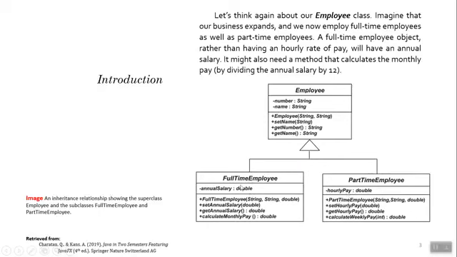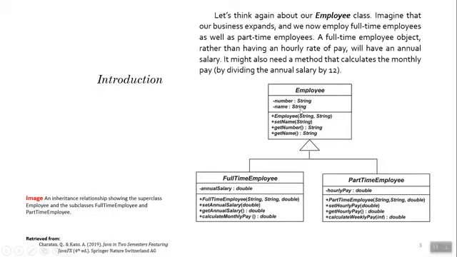So the part-time and full-time employee are child classes of the employee class. Based on our image, it is an inheritance relationship showing the superclass Employee and the subclasses FullTimeEmployee and PartTimeEmployee. Meaning to say, the properties of employee will also be accessible to full-time and part-time employee.